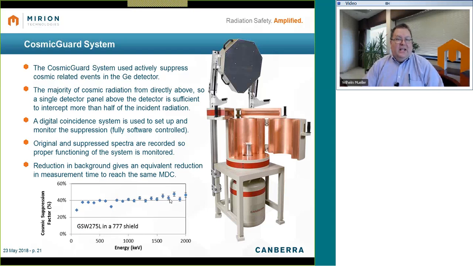And to put that in context of what that means in the benefit, reducing the background is similar to reducing the time of your measurement. So with a 40% reduction, a 24-hour measurement in the past can be reduced to 16 hours to get the same minimum detectable activity.